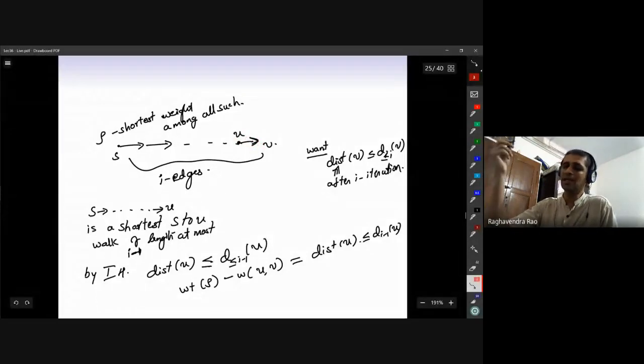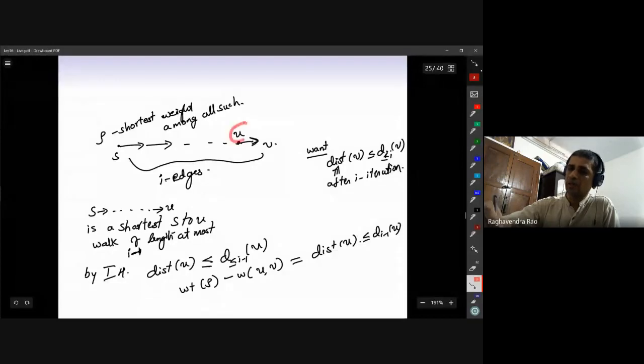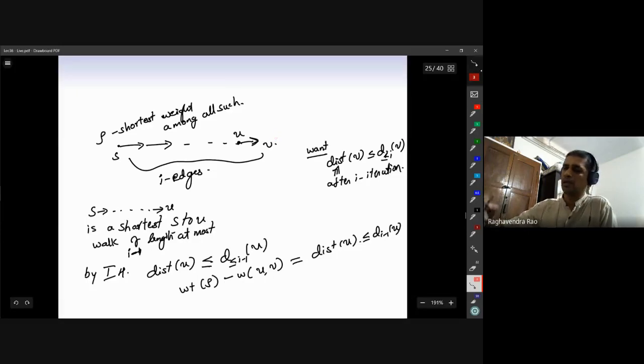In either case, distance of v is at most distance of u plus weight of this edge. But we know that distance of u is at most d_{≤i-1} of u. So if I add the weight of uv to d_{≤i-1} of u, that is nothing but d_{≤i} of v. So distance of v will be at most d_{≤i} of v.